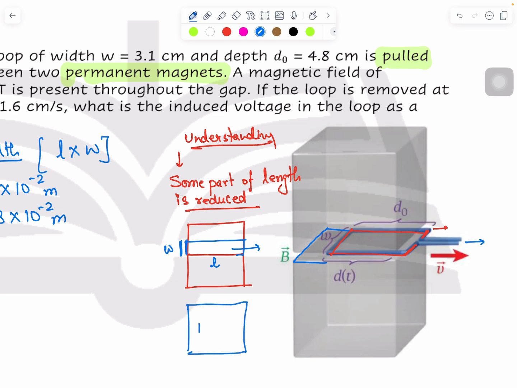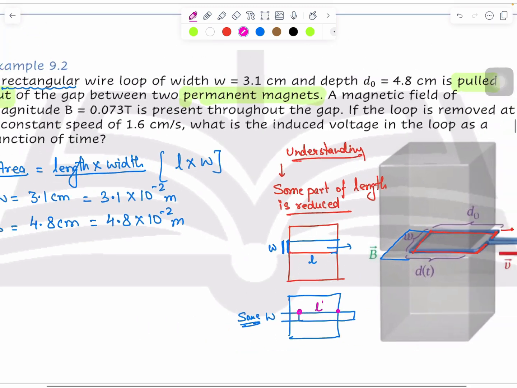Now it is like this. So width remains the same, right? This is the width. W remains the same. Yes or no? But what is the change? What is your new length? From here to here. This is your new length, L dash. Clear? Sure? Okay.